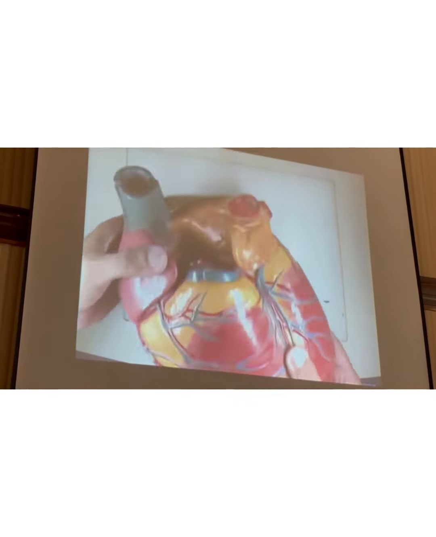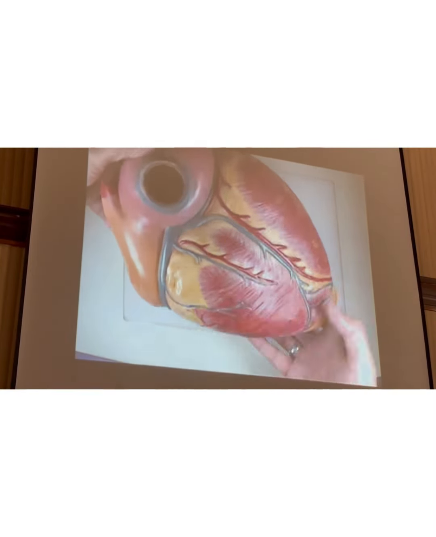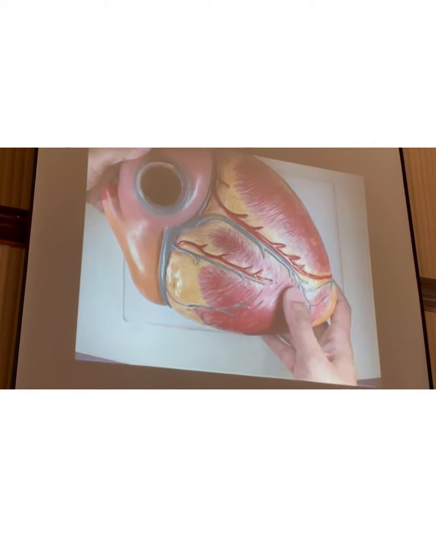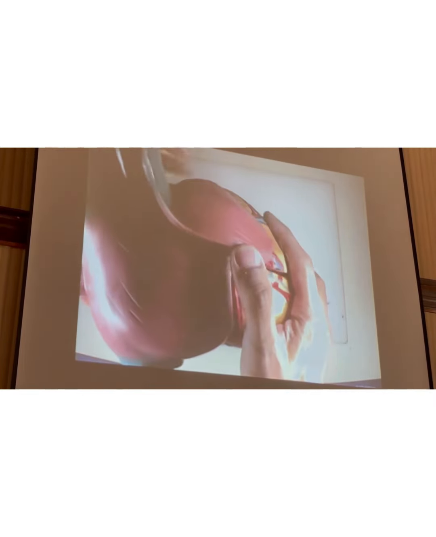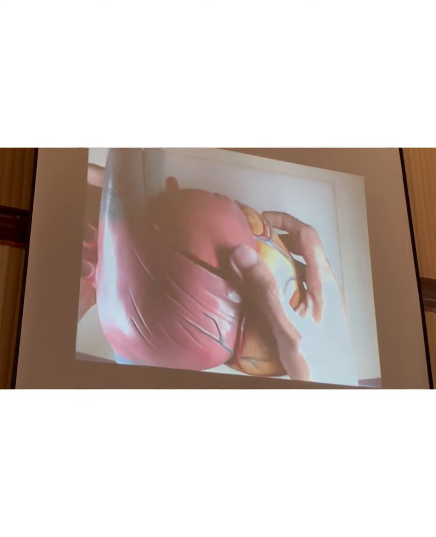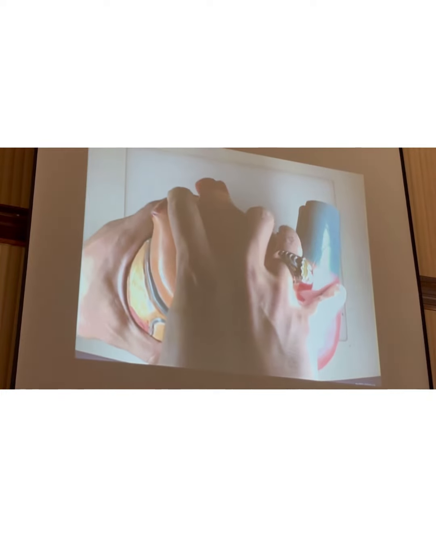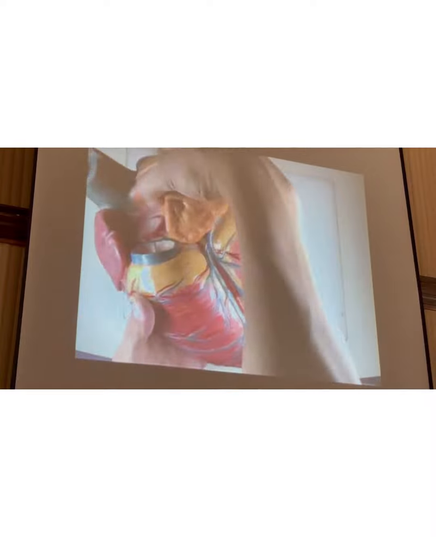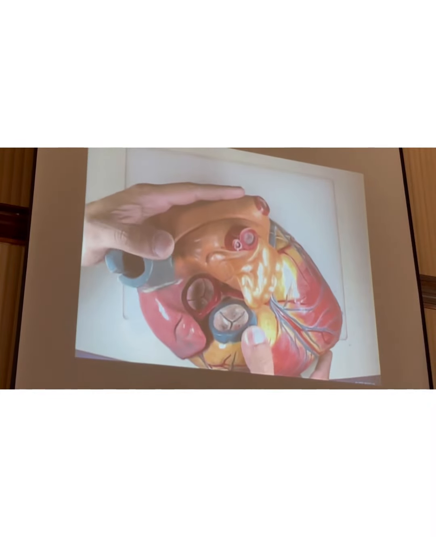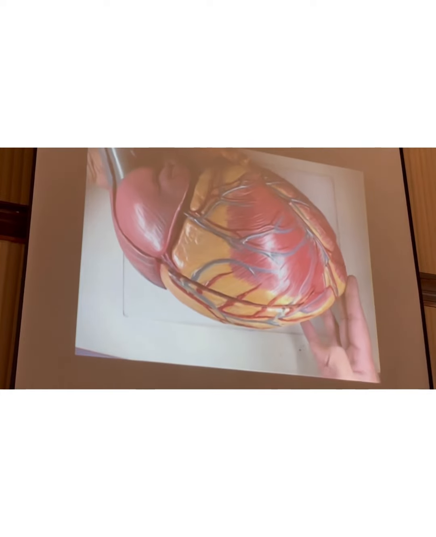Then we have the diaphragmatic surface, or the inferior surface. Then we have the posterior surface or the base. Okay, this is the base, usually located opposite to the apex.